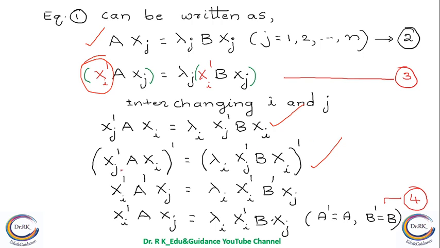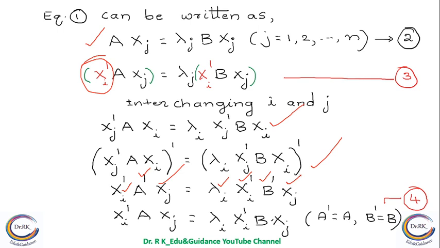So xj transpose A xi whole transpose, using the same rule for the transpose of a product, becomes xi transpose A transpose xj, and xj transpose transposed becomes the same. Similarly, lambda i times xi transpose B transpose xj, and again the transpose becomes the same matrix.